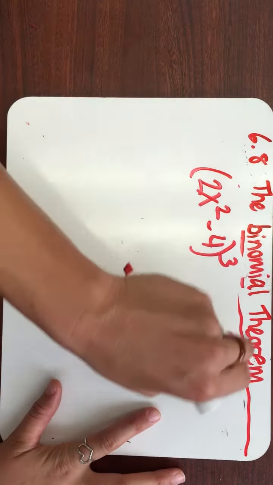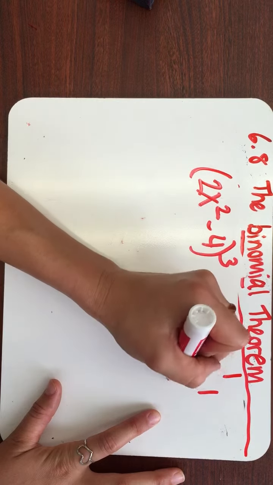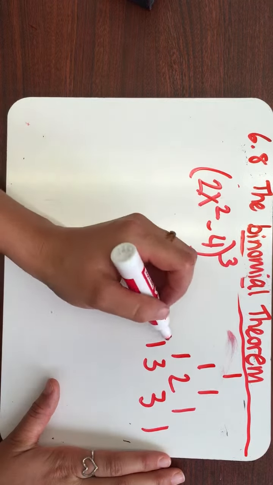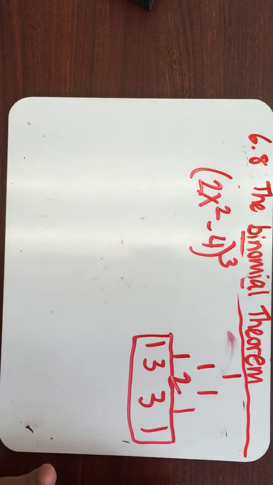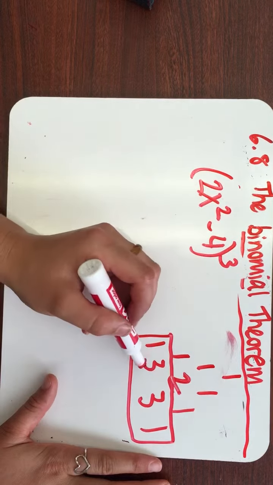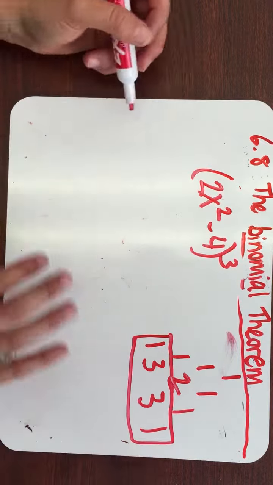So if you want to write out all of Pascal's triangle, or just have it referenced, write them all out, and then you could just refer back to that Pascal's triangle. So these are the ones that we're going to be using, because this is the row that has the 3 as your second number. So we're going to be using 1, 3, 3, 1, which means we have 4 terms here.